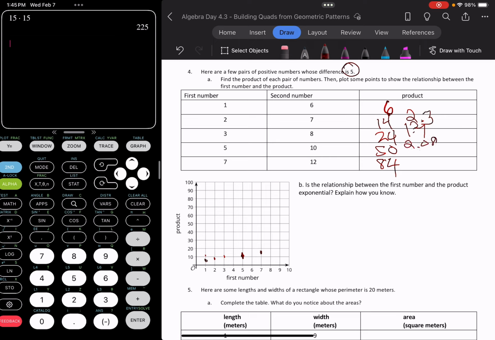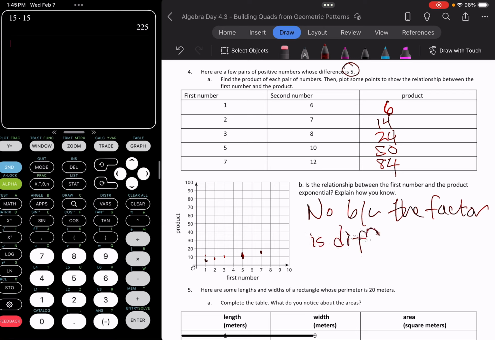And then 84 divided by 50 gives us 1.68. So the factors are also not the same, showing that this is likely not exponential. Now it says, is the relationship between the first number and the product exponential? And so we're going to say no, because the factor is different.